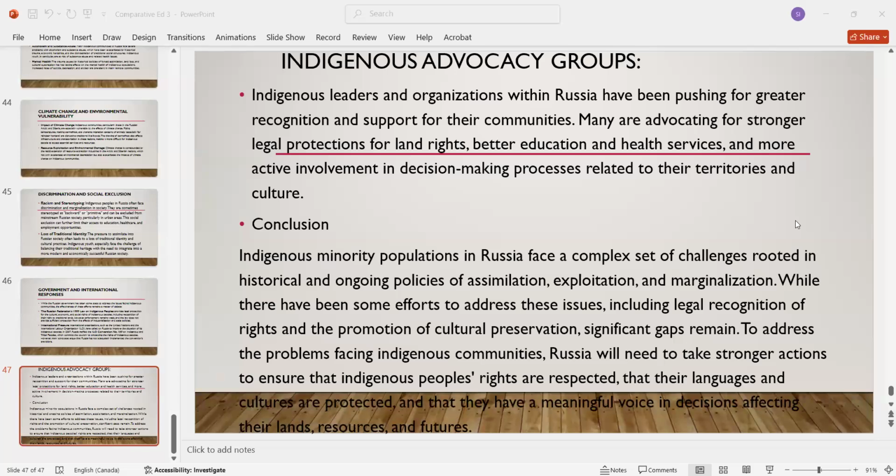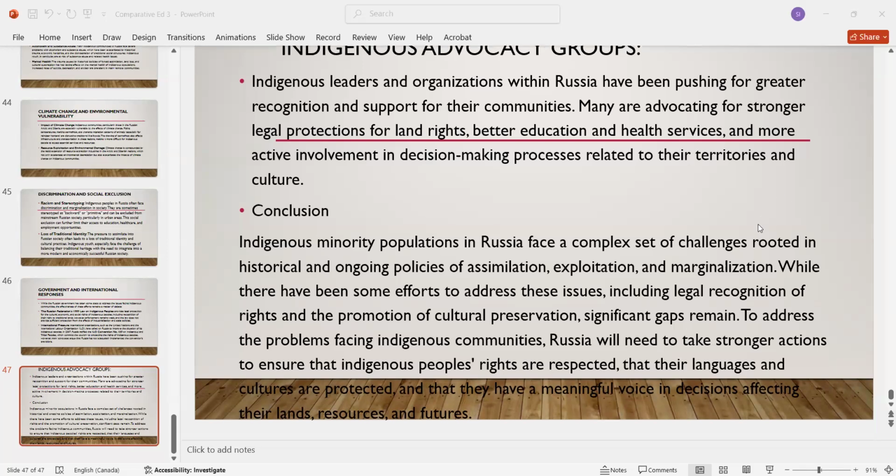So Australia is trying to help indigenous people and preserve their languages, right? Even the UK is the same, but here the situation is something different, right? Here the indigenous population is larger and they are facing a lot of challenges, right?